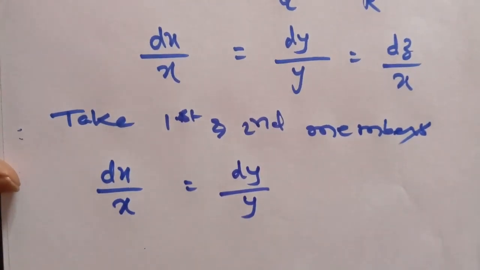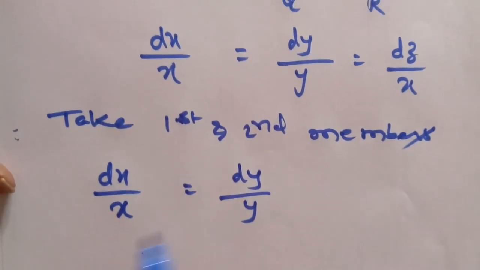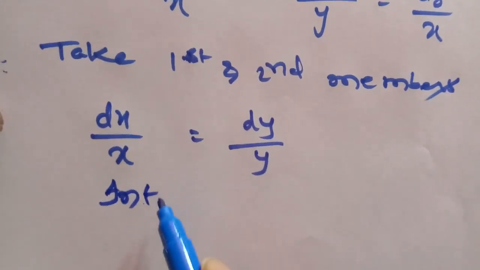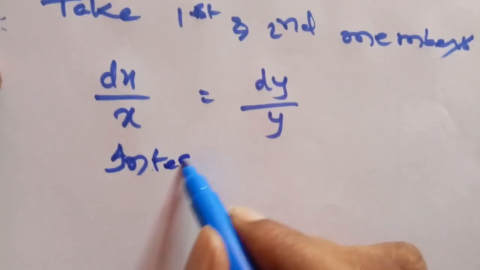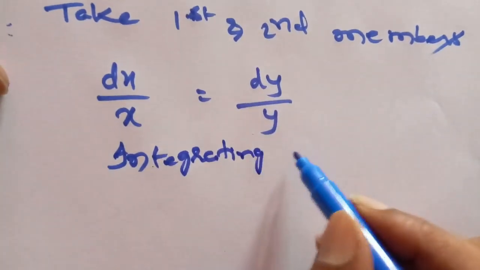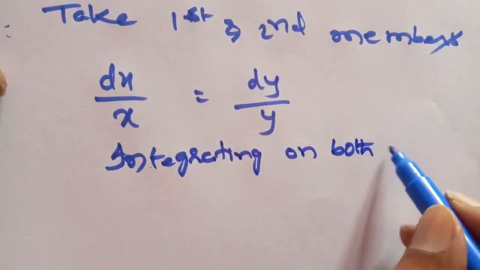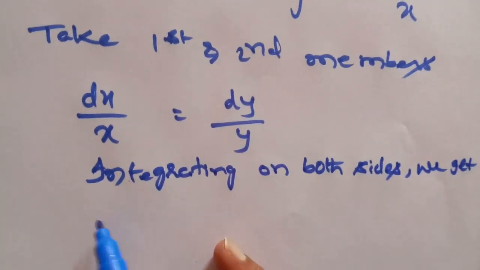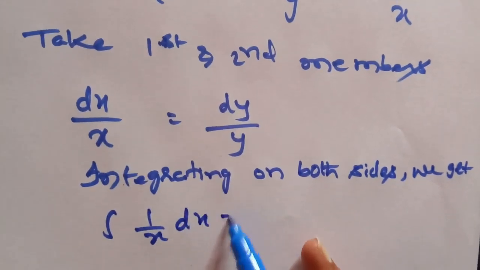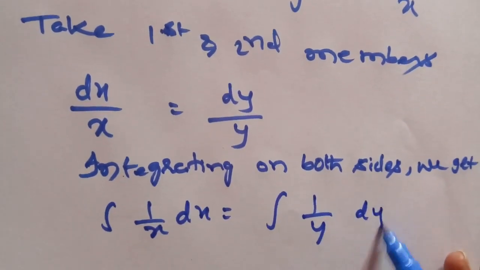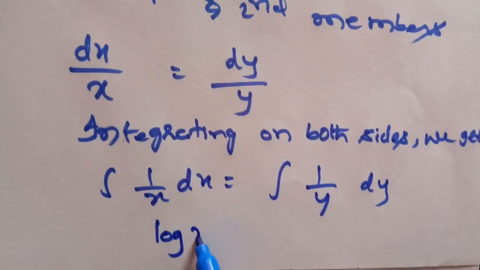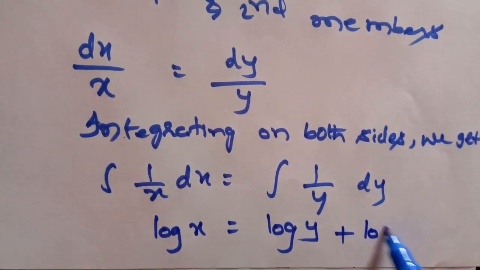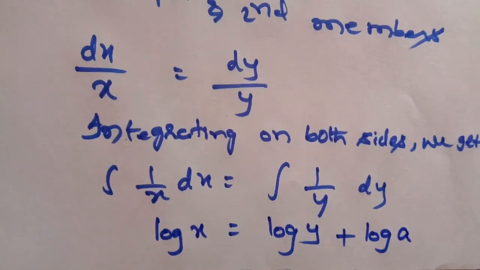Here no z other than x and y, so therefore no need to eliminate it. Therefore by direct integration it gives, integrating on both sides, we get integration of 1 by x dx, integration of 1 by y dy is equal to log x, log y plus constant of integration is log a.